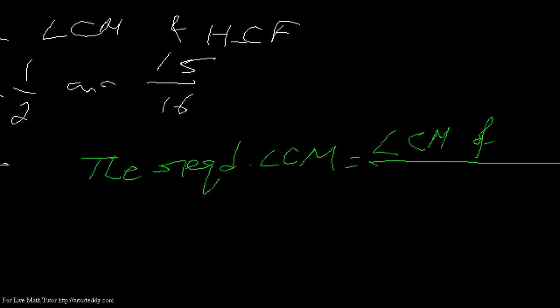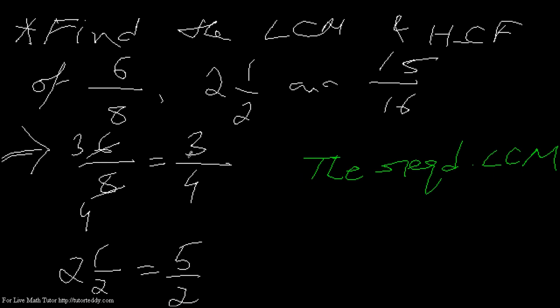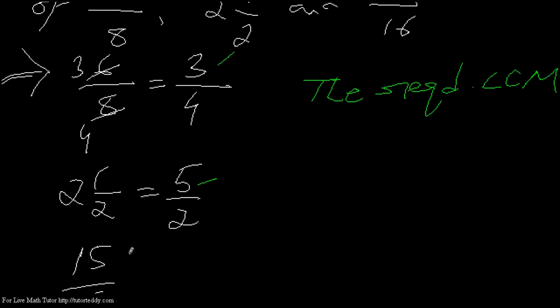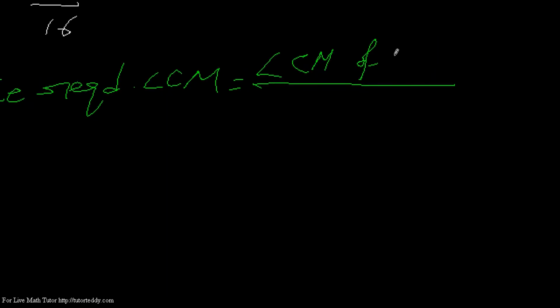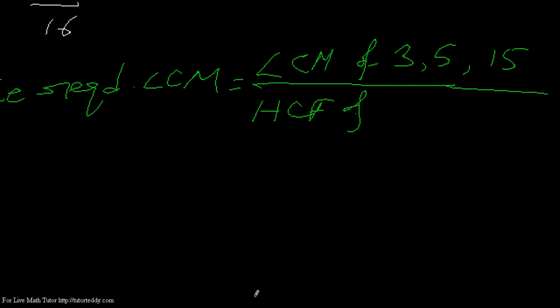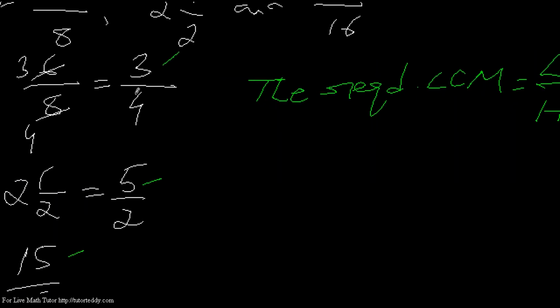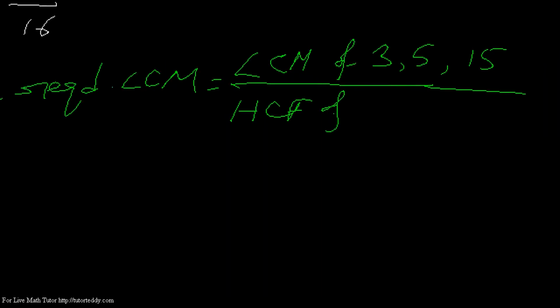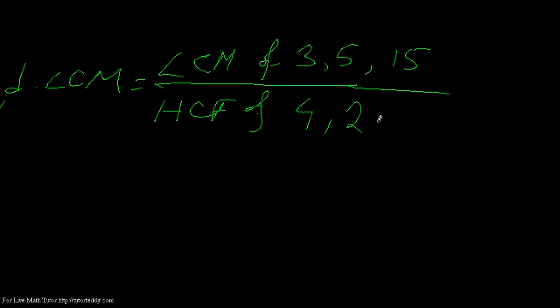So LCM of, what are my numerators? I have 3, I have 5, and here 15. 3, 5, 15. LCM of 3, 5, 15. And HCF of the denominators. What are my denominators? Let me check. I have 4, 2, 16.